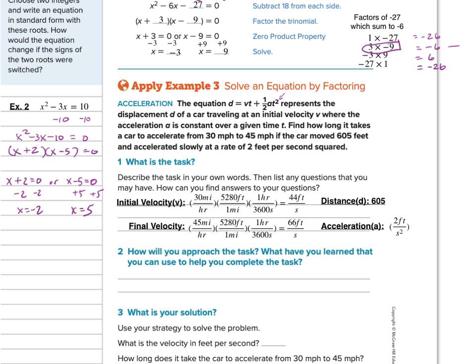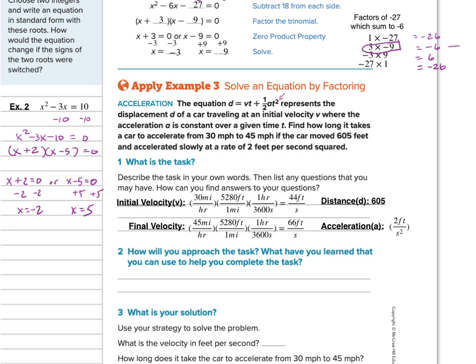Your final velocity is going to be your 45 miles per hour converted to feet, converting my miles to feet, converting my hours to seconds, and then my final velocity is 66 feet per second.